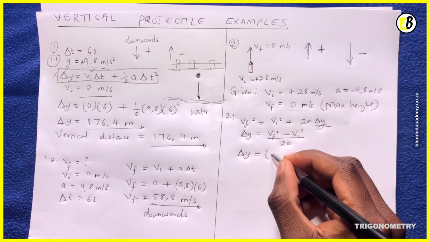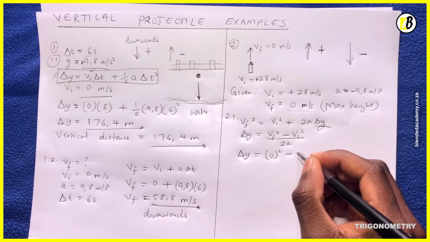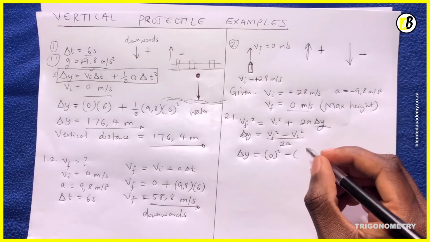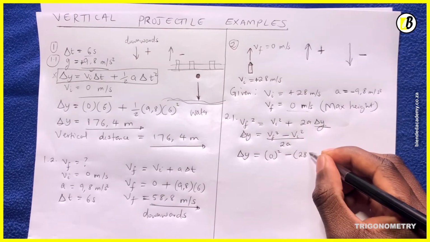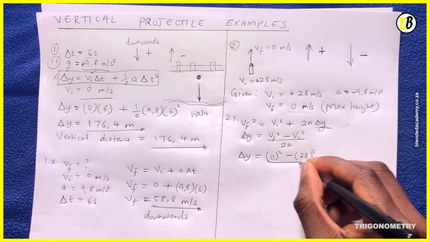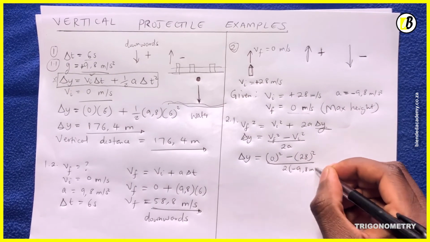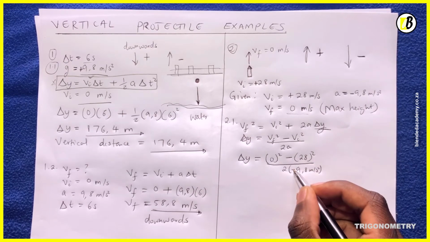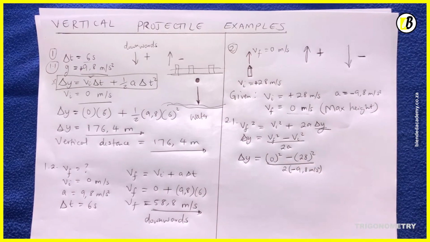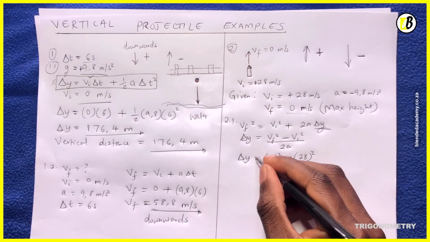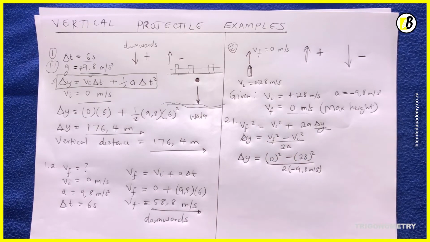The final velocity is 0 at maximum height, squared, minus the initial velocity, 28 meters per second, squared, divided by 2 times minus 9.8 meters per second squared. We put the negative there because acceleration due to gravity is always downwards, and we're taking downward motion to be negative.